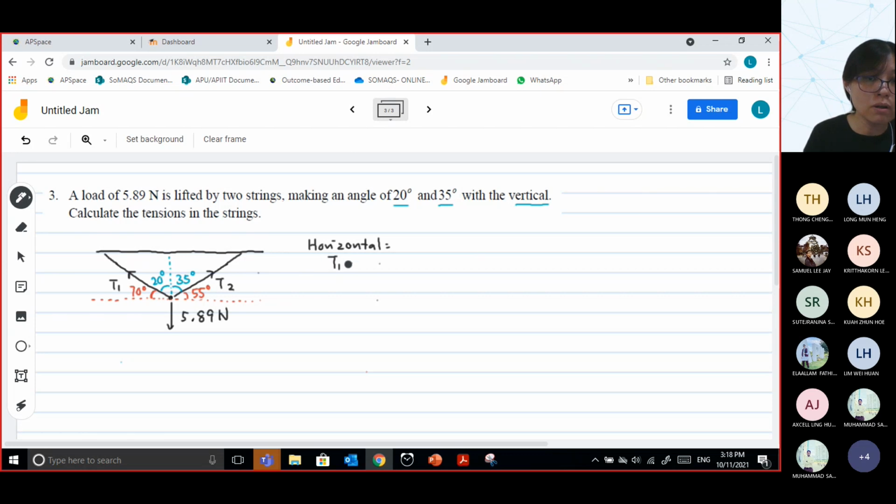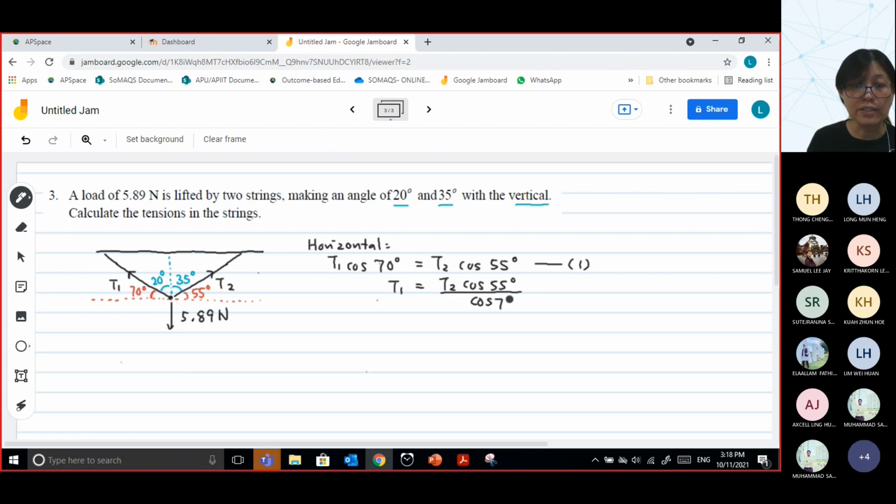So T1 cos 70 degree is equals to T2 cos 55 degree. T1 cos 70 is equals to T2 cos 55. So this is the first equation. Let's try to get the T1. T1 will be T2 cos 55 divided by cos 70.